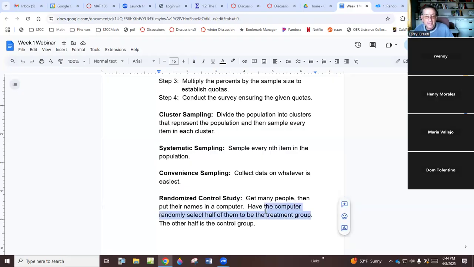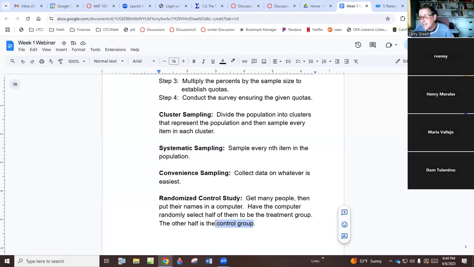The treatment group in this case were those that got the vaccine, they got the shot, and that shot really was a vaccine. And the other half was the control group. Okay, those got a shot, and it turns out that shot had nothing in it. Okay, but everyone was told they got the shot, and that's called a placebo, exactly. Very important.